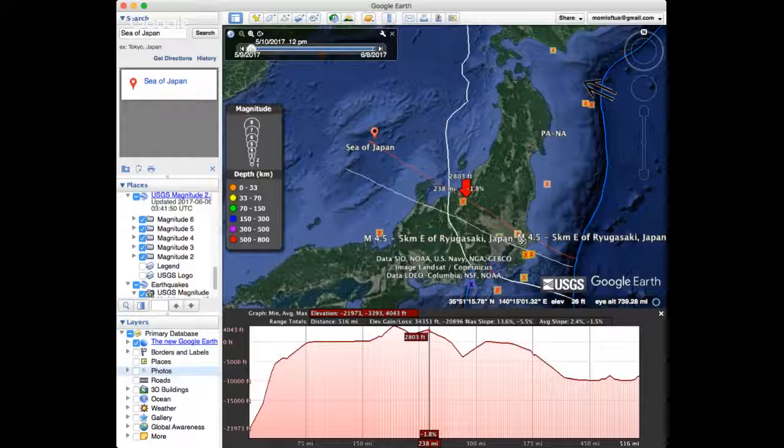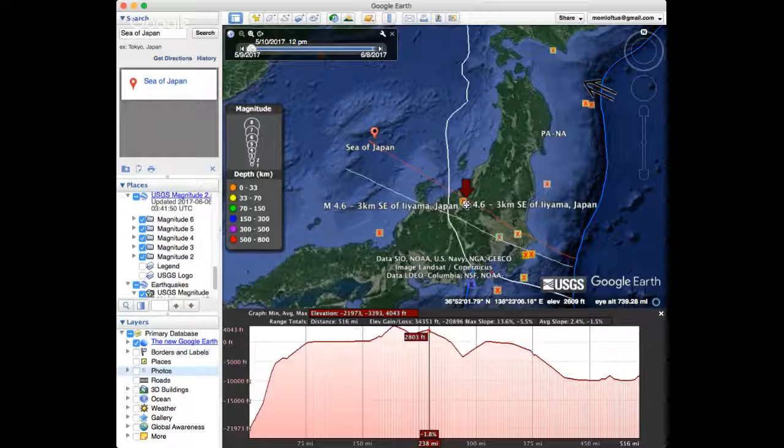I guess my question is the one that's closer to the trench, that's like where it is subducting. Well, but that's the deeper point, so never mind. I was going to say it'd be closer.